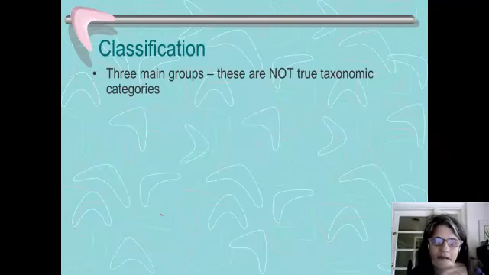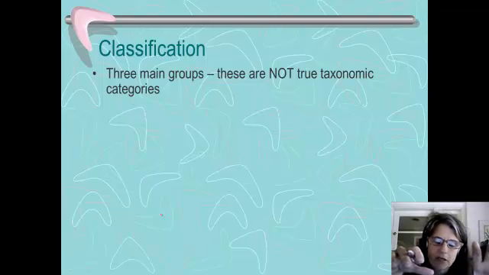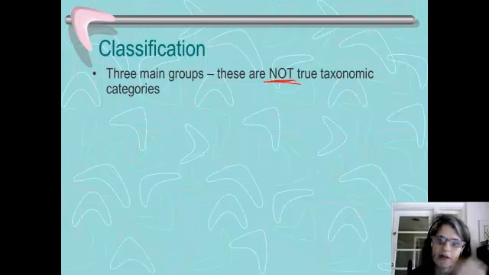All right. Now, we are going to take Kingdom Protista and divide it into three main groups. Please understand these are not true taxonomic categories like phylum or class or order or whatever. These are groups that we are using solely to make things easier for us.